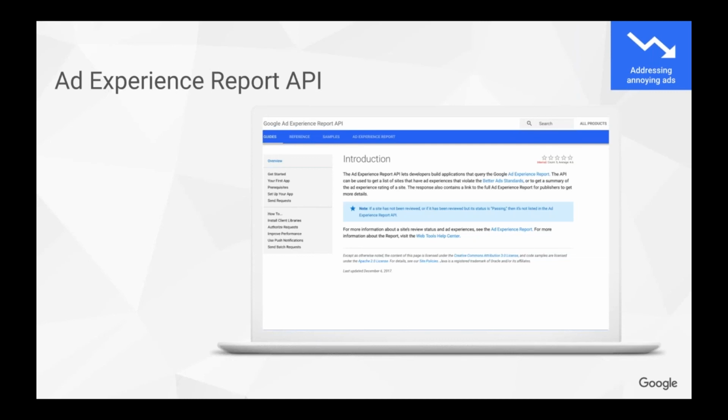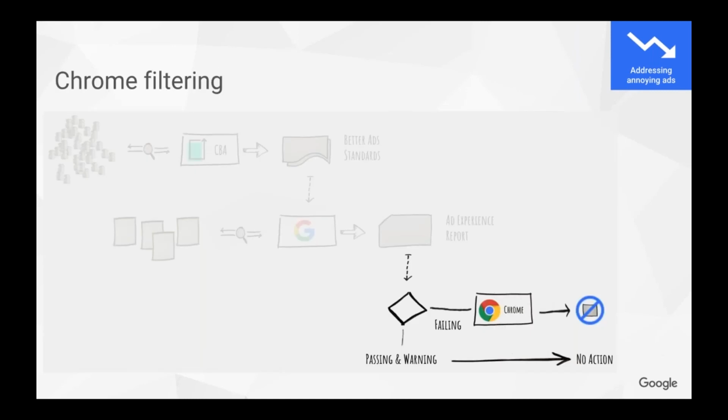Thank you, Jan. As Jan mentioned, the first piece, and probably the most critical piece of what we're doing to support the Better Ads Standard, is the ad experience report. That report is available to any publisher on the web, through a simple way to get access to our Search Console, which is where the report resides. It comes along with all of the other information that we provide publishers about their site.